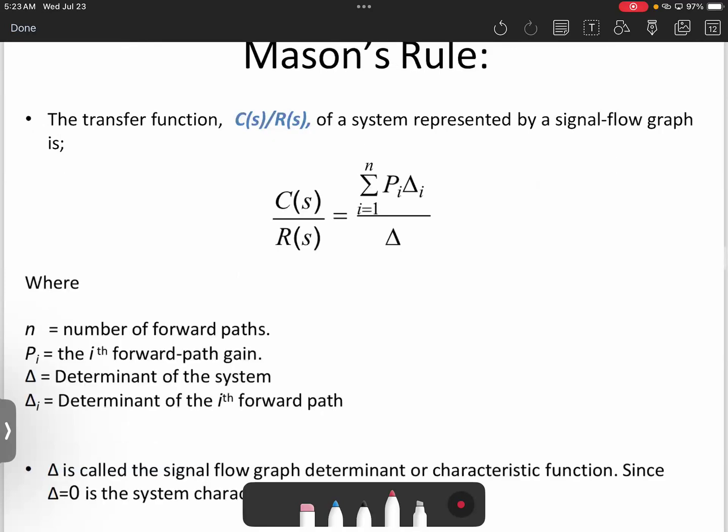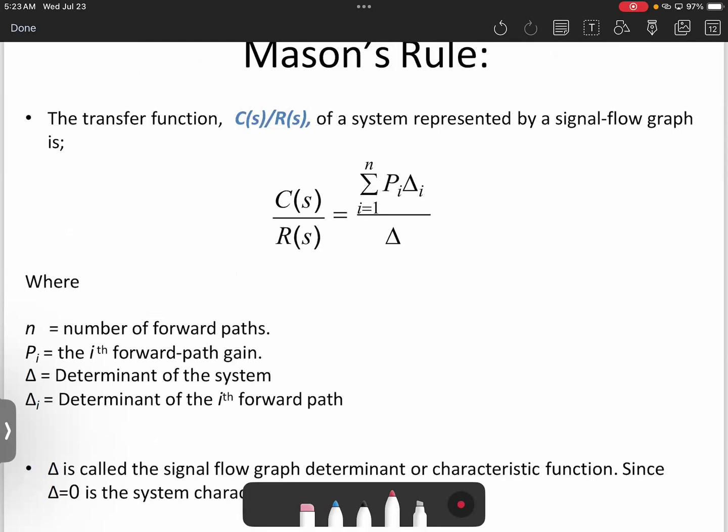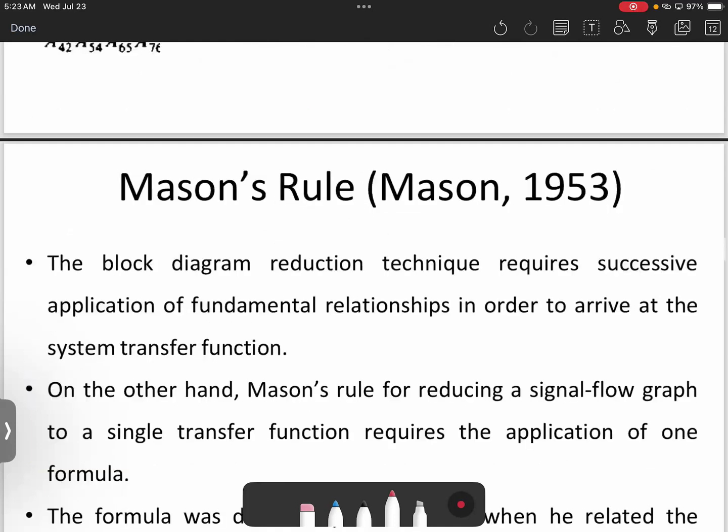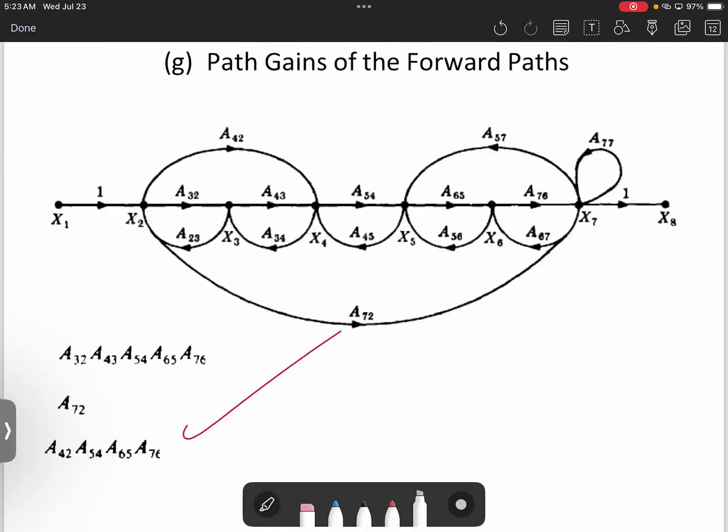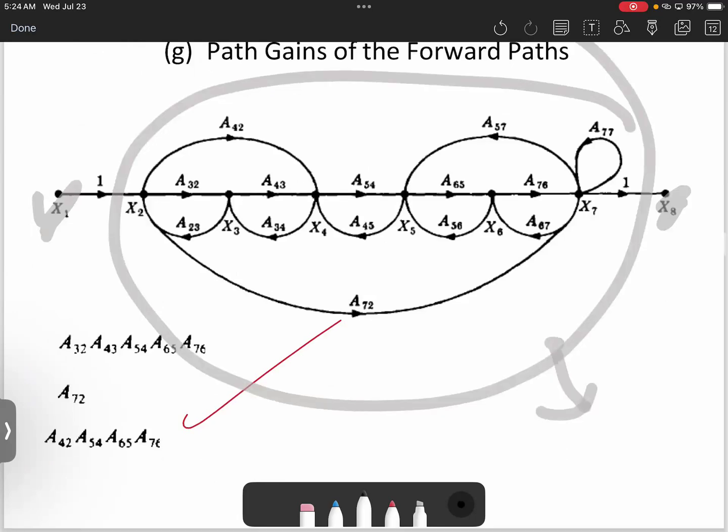With Mason rule, we can find the transfer function between input and output. We already know where the input node is and where the output node is, here x1 and x8.